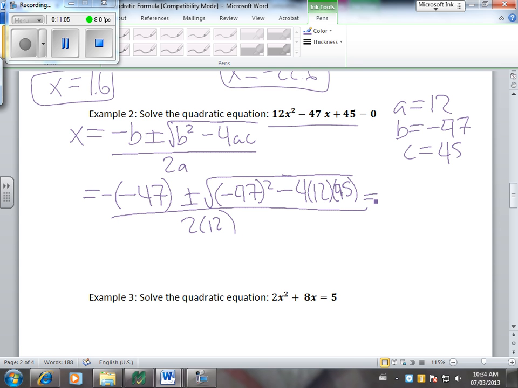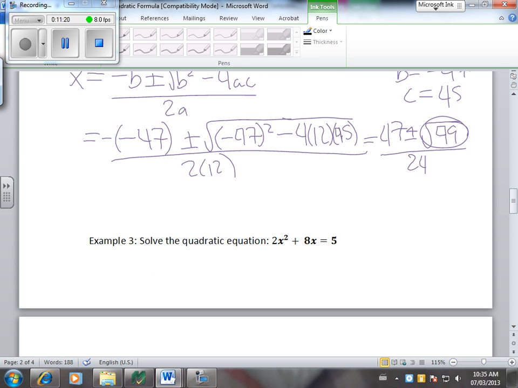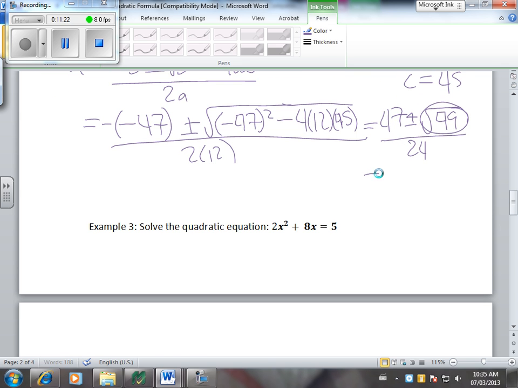And I'll end up getting positive 47 plus or minus 49 over 24. Now 49 is a perfect square, so when I do that, I end up with 47 plus or minus 7 over 24.